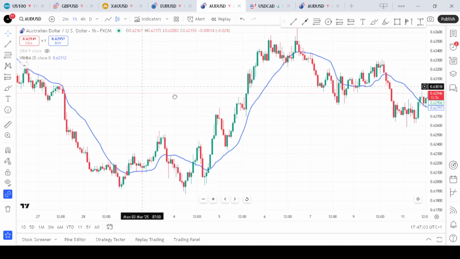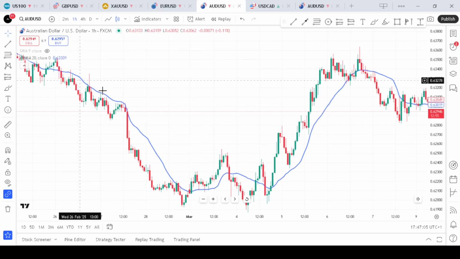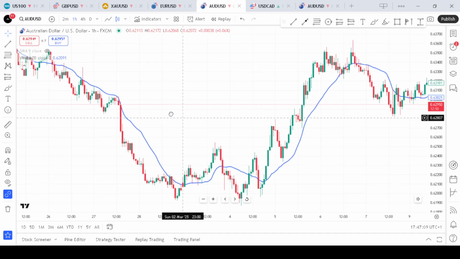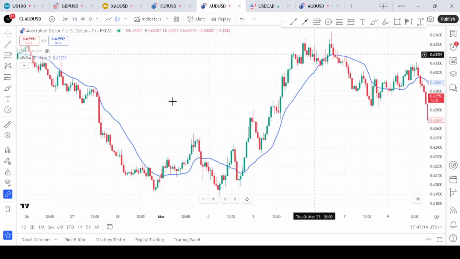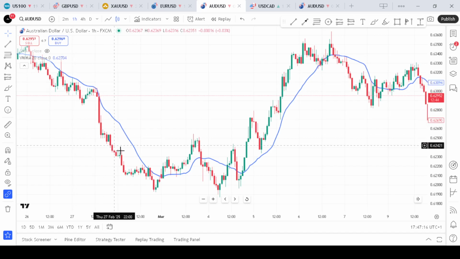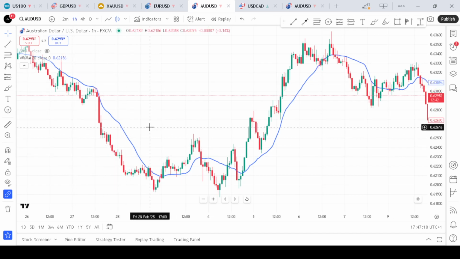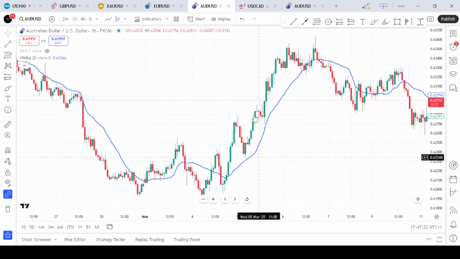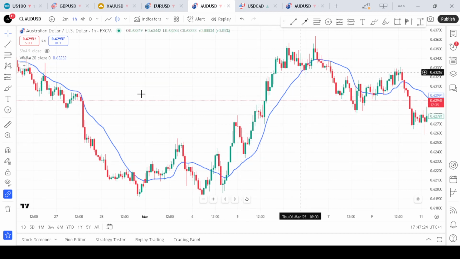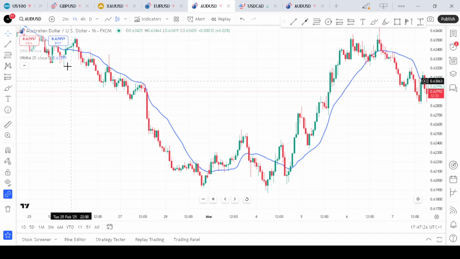Then when we see a fall in the VWMA indicator, it indicates a downtrend. Confirm this by observing whether the price is consistently staying above or below the VWMA. For example, in an uptrend, price will generally remain above the VWMA, while in a downtrend, it will remain below.